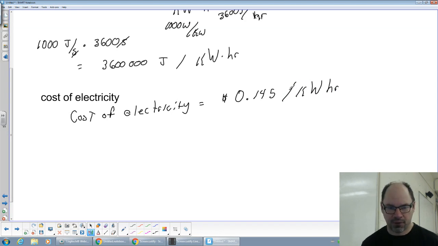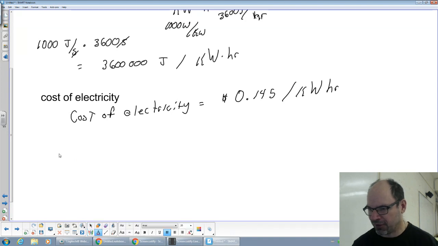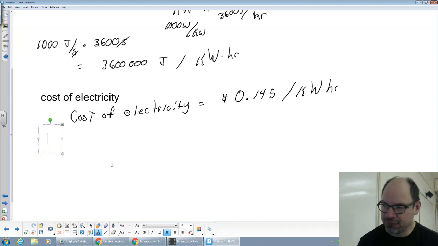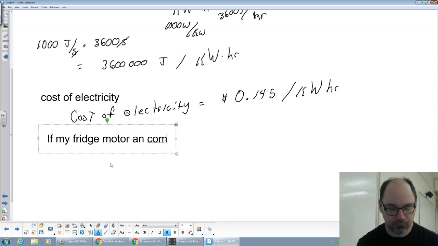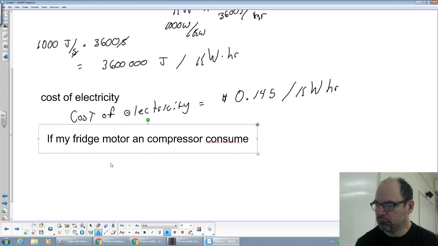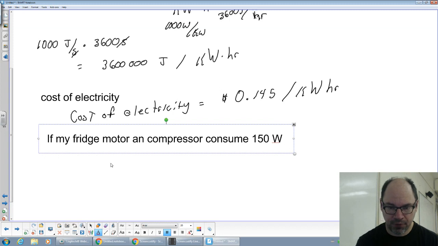Okay. Let's do an example question to calculate a power. If my fridge motor and compressor consume 150 watts, we'll say, how much money do I spend running my fridge for a year?